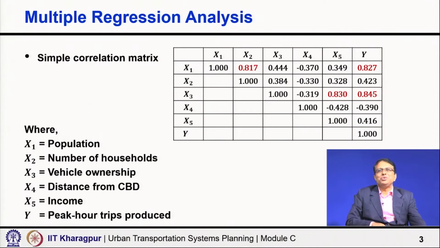In that example, if you go, you will find that x1 and y is a potential combination, because x1 and y have very strong association. Similarly, x3 and y have strong association. So, we also took that. We took one model as y equal to a plus b x1. We took another model y equal to a plus b x3, fine.